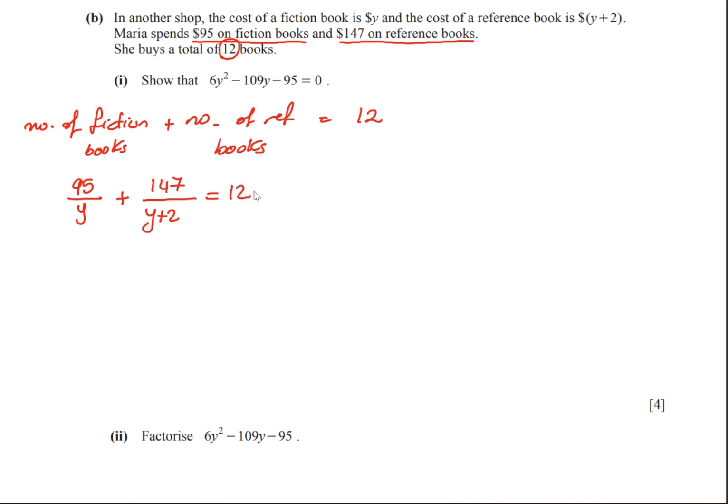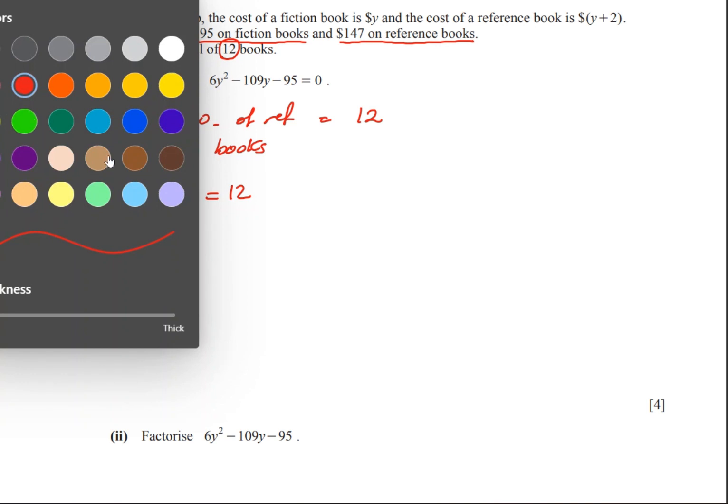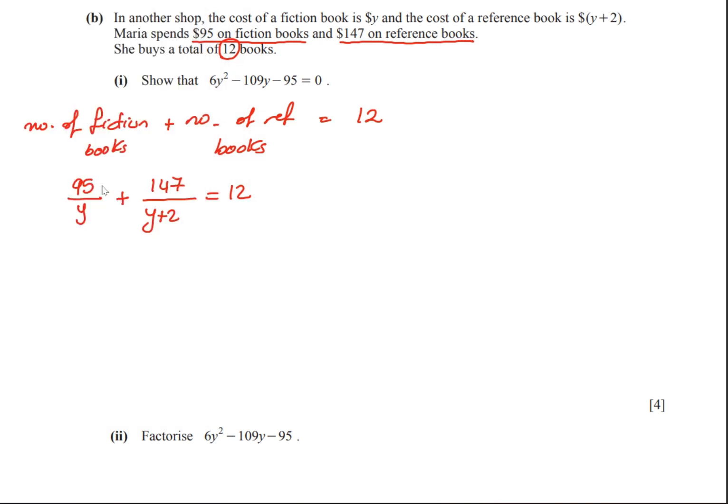Equals 12. Now forget about the question and deal with it as adding and subtracting algebraic, rational expressions. So I am going to multiply this together and this as we used to do. Here y plus 2, and here 95, y plus 2 plus 147y, all of this equals 12.